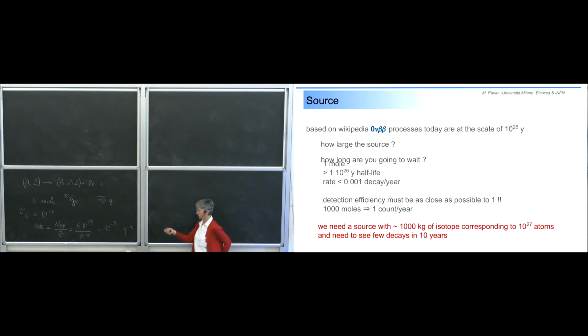Of course, now, this is an exercise done on the basis of the results we have now on germanium. Depending on the isotope, it can be a bit less than 1 ton or something more, but this is the size of the experiment, or the size of the source that we have to buy.